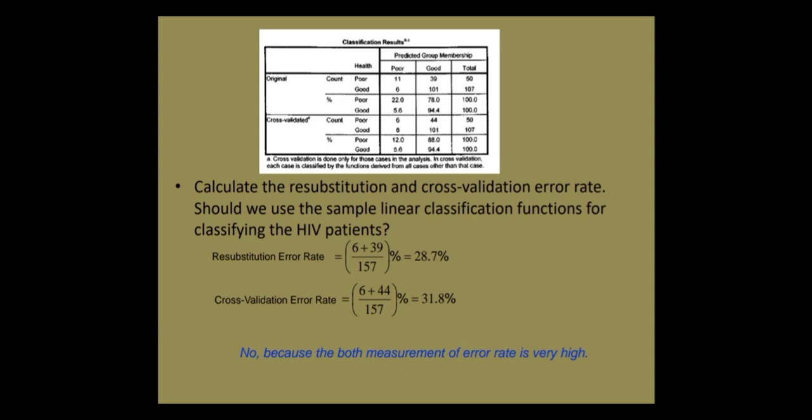So we not suggest to use this discriminant function, the earlier discriminant function, to classify the HIV patients. So that is the way how we evaluate the classification function that we build. All right. Okay.